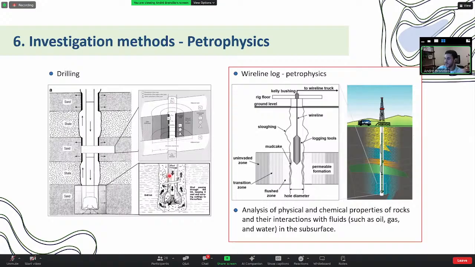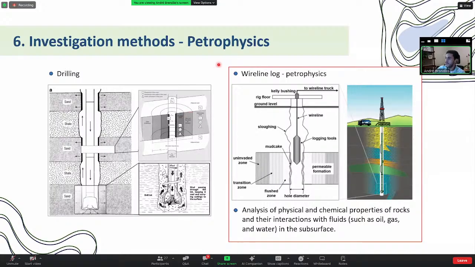As soon as we finish drilling, before we cement, we put equipment on the bottom of the well and bring it up slowly with different tools. These tools measure physical and chemical properties of the rock and their interaction with the fluids. There are a lot of tools and a lot of properties that can be measured with this equipment. And again, you're going to have a whole class about it.